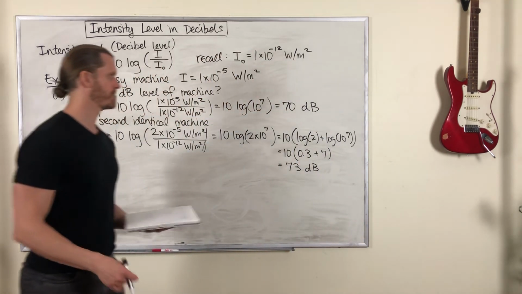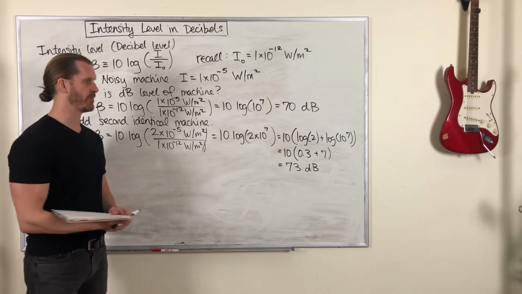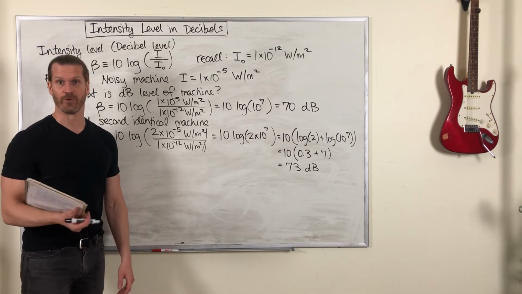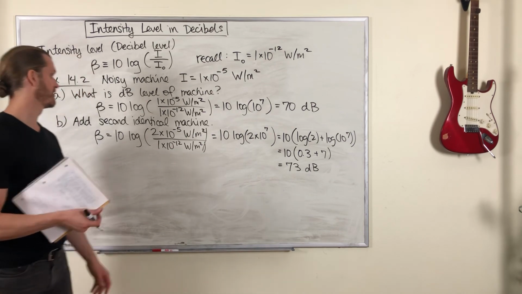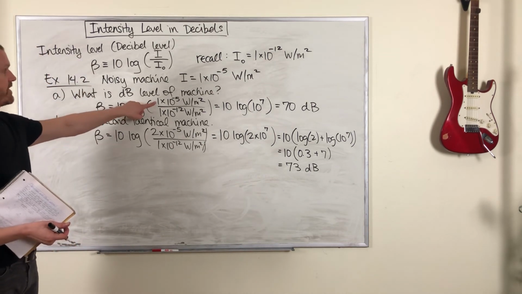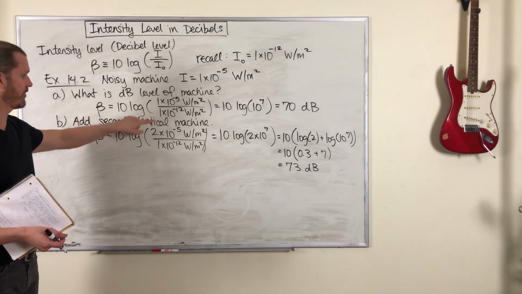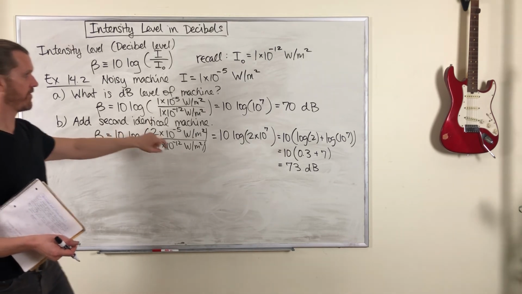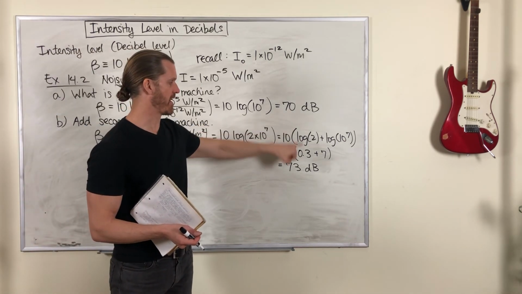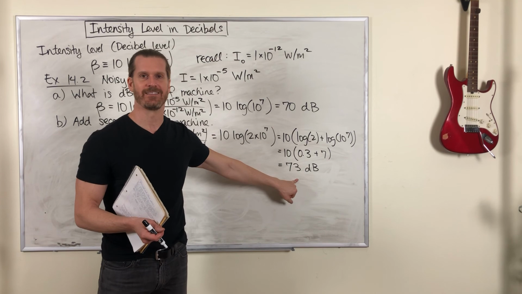And we've just discovered a rule about decibels, which is that when the intensity doubles, the decibel level increases by 3 dB.